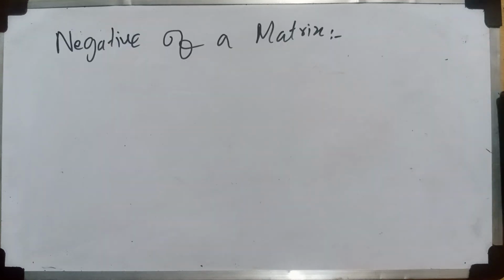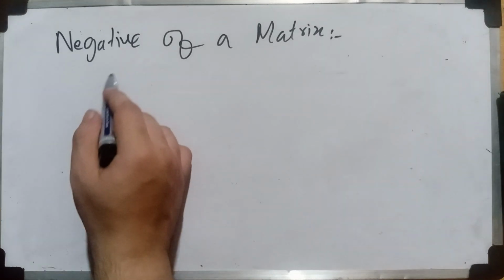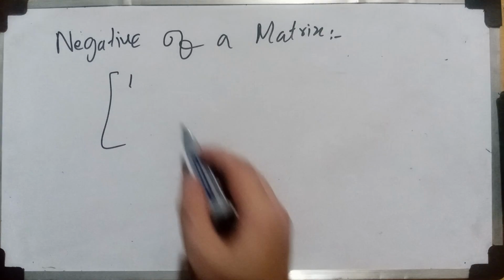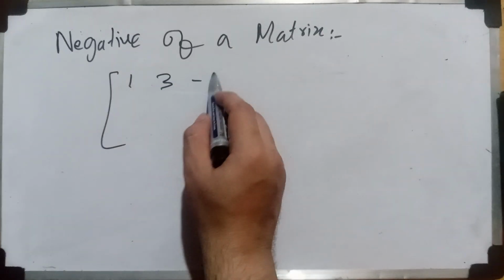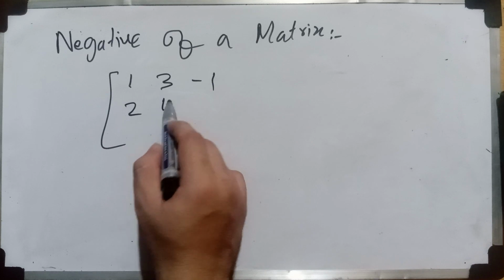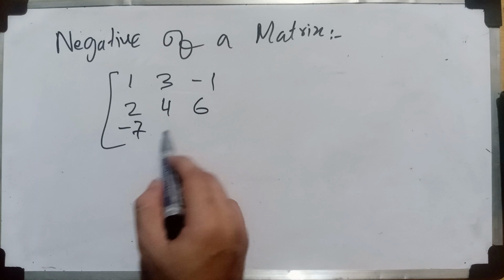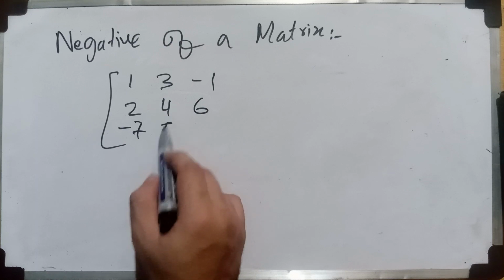Now let's learn what's meant by the negative of a matrix. The negative of a matrix is a matrix such that if you add the original matrix and the negative of that matrix, it will become a null or zero matrix. Let's look at a matrix specifically here.